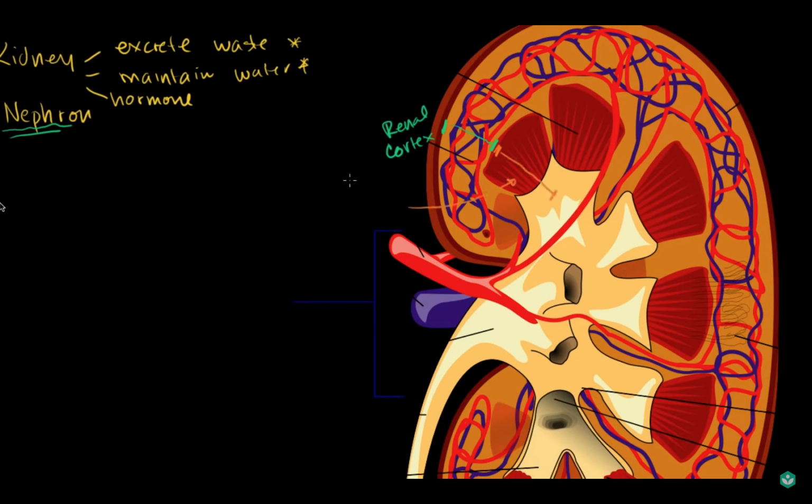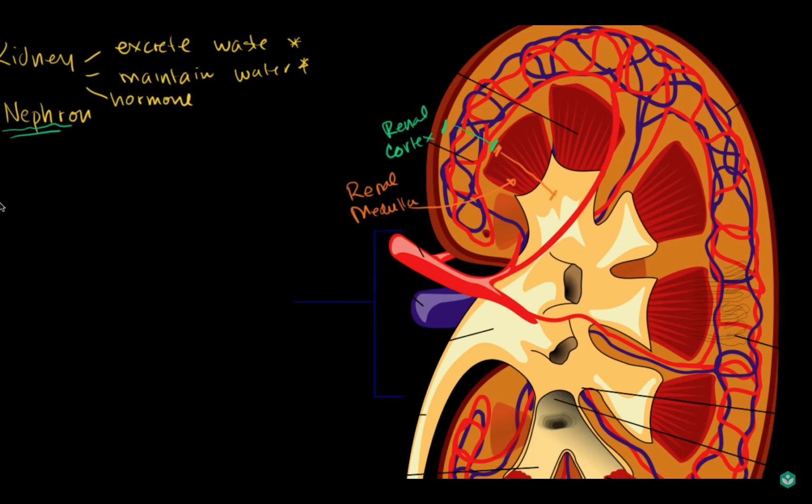Medulla comes from middle, so you can almost view it as the middle of the kidney. Besides just understanding these words, we're going to see that they play a very important role in this filtration, this excretion of waste, and this ability to not excrete too much water when we're trying to filter out our blood.